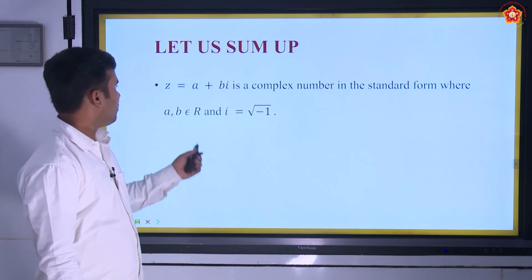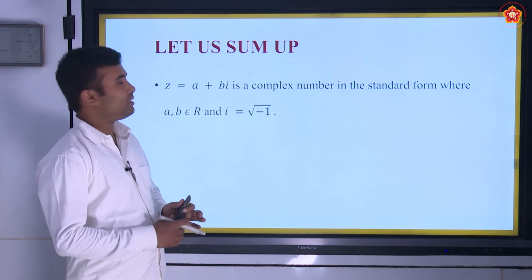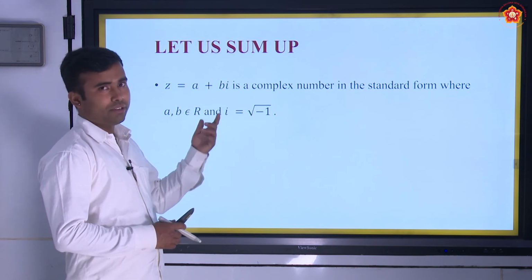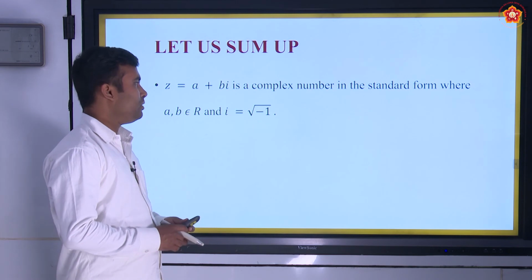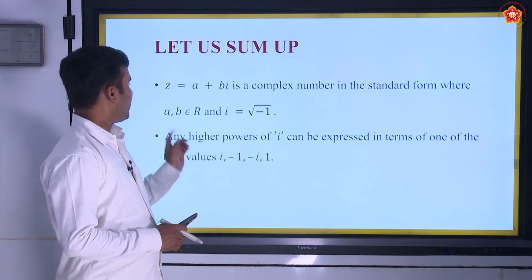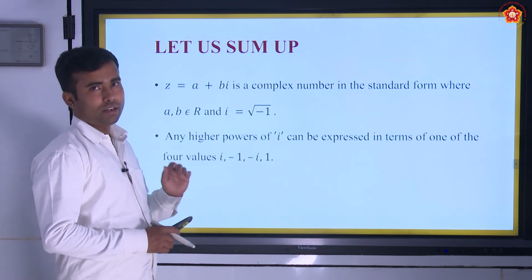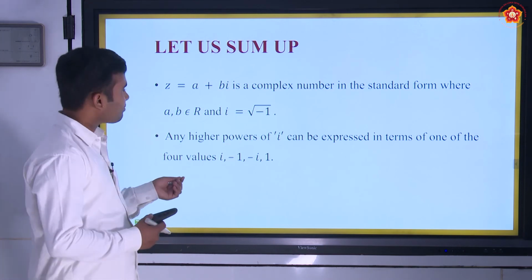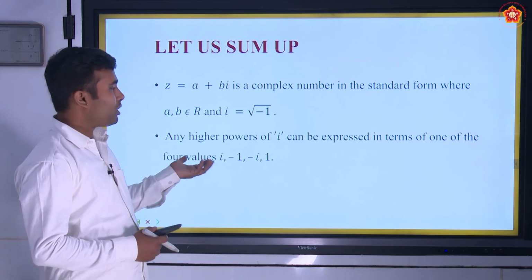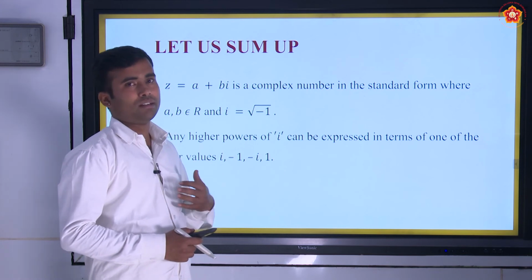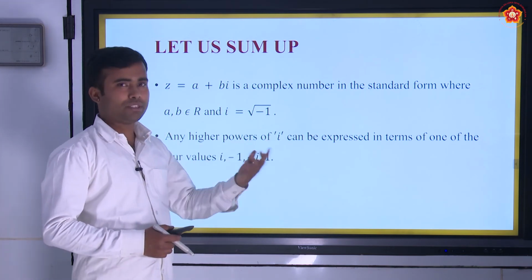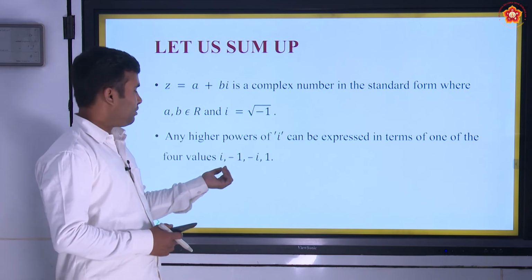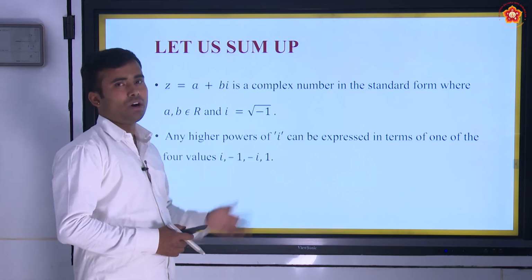Here i is nothing but iota, and its value will be equal to square root of minus 1, and a and b belong to R, the set of real numbers. And we learned that any power of i can be expressed in the form of these terms, which is i, minus 1, minus i or 1.